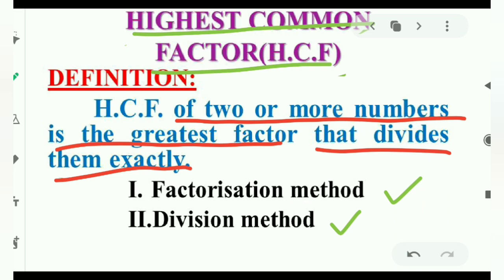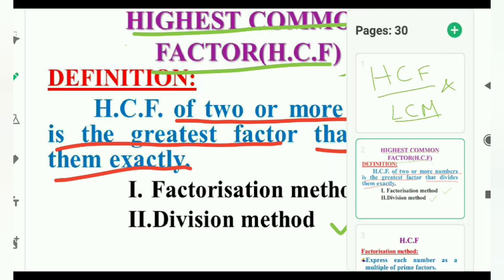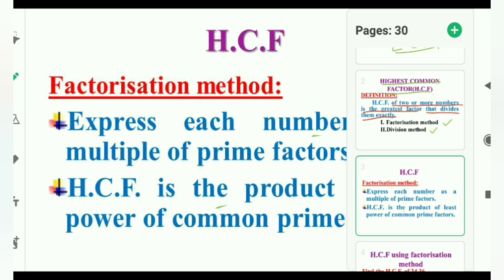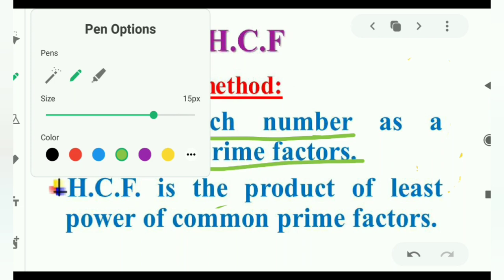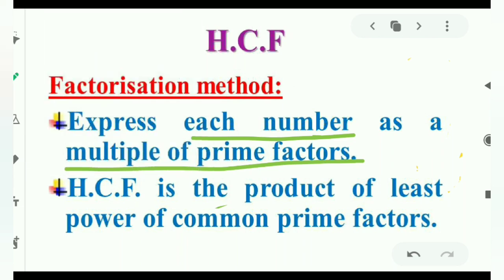Okay, let's quickly get into the factorization procedure. How to calculate the HCF of 2 or 3 numbers using the factorization method. The very first step is we have to express each and every given number as a product of prime factors.